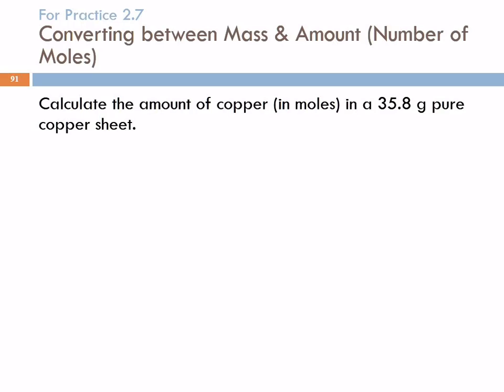Calculate the amount of copper in moles in a 35.8 gram pure copper sheet. I read the words. I'm going to take the number, 35.8 grams of copper. And what do they want to know? Moles. Amount in moles. Well, I can convert grams directly to moles.